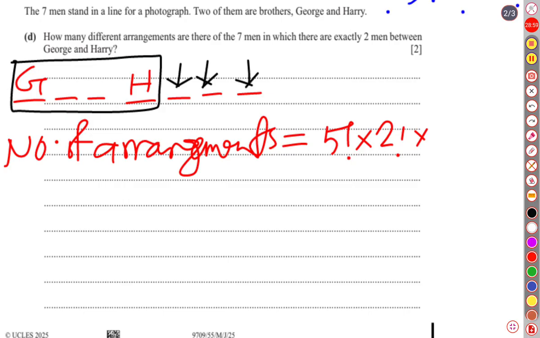So in total there are 4 possibilities of changing their position. So let us multiply by 4, not 4 factorial. Remember, they can change their position in 4 ways, not 4 factorial. So 5 factorial means 120. 2 factorial means 2, so 240. 240 times 4 is 960. So there are 960 ways of arranging them.